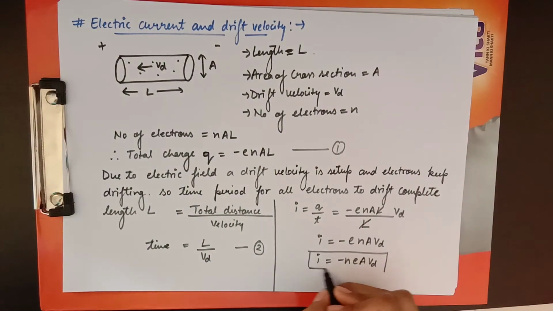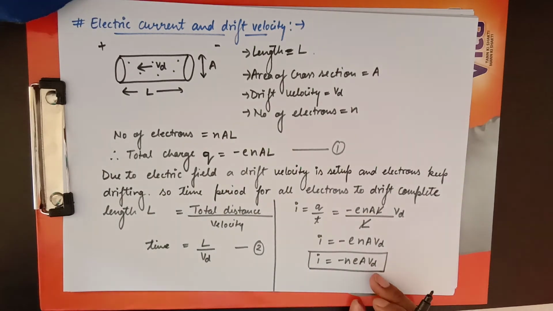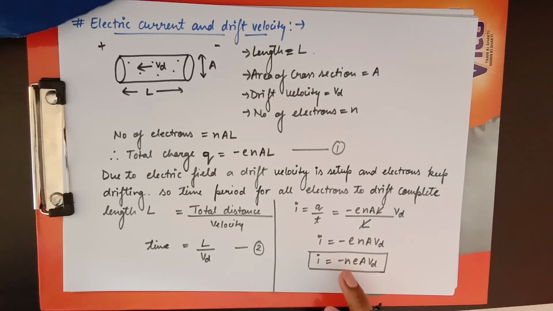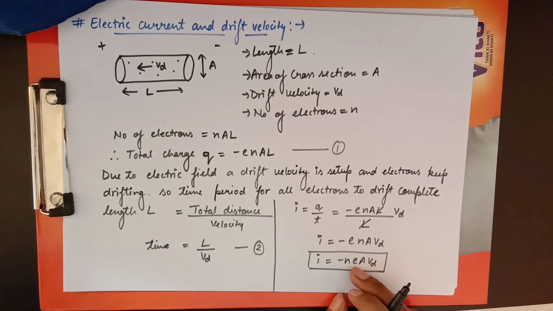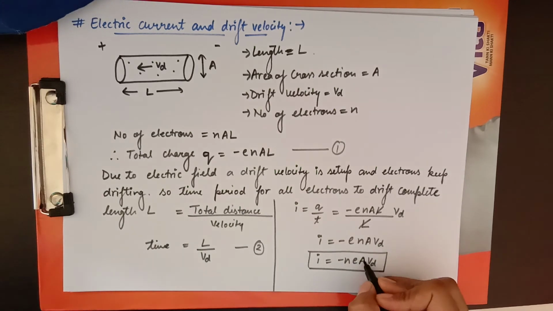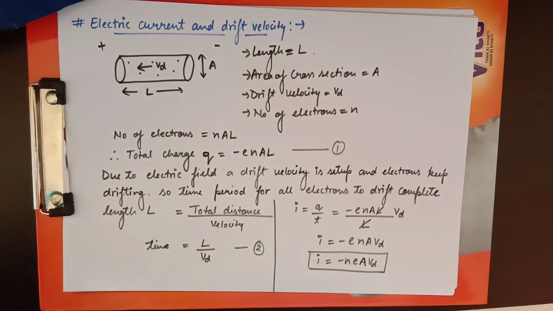So the formula of electric current in terms of drift velocity is I equals minus neAVd, where the negative sign stands for the negative charge of the electron. n is the number of free electrons, e is the charge of the electron, A is the area of cross section, and Vd is the drift velocity.